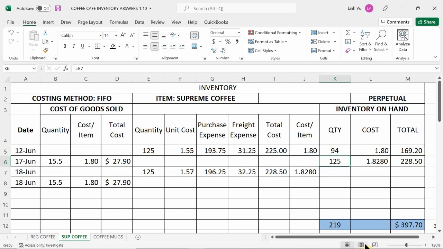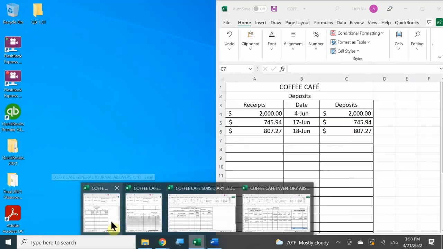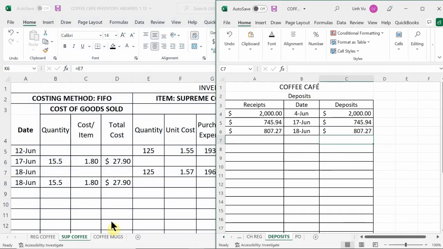Okay? So it cost me $27.90 to use up 15.5 pounds. So let's go ahead and journalize this so we can update my ledger. Okay?